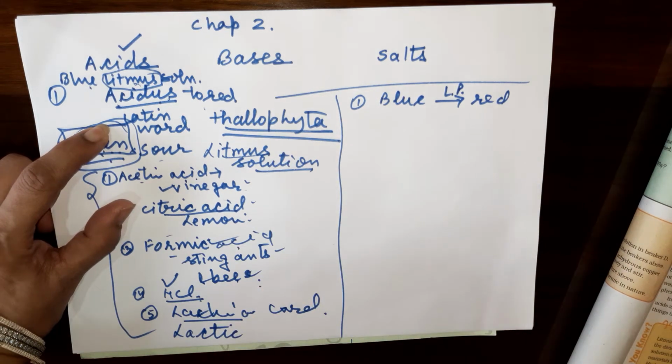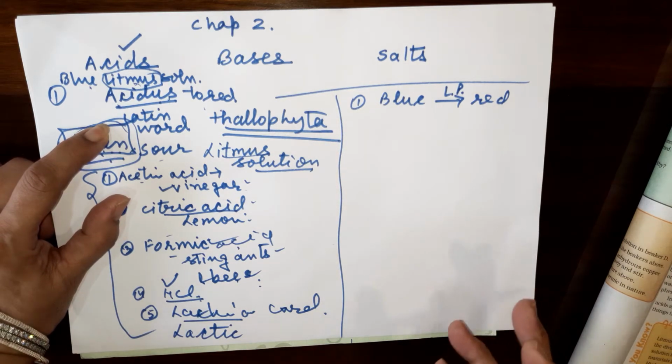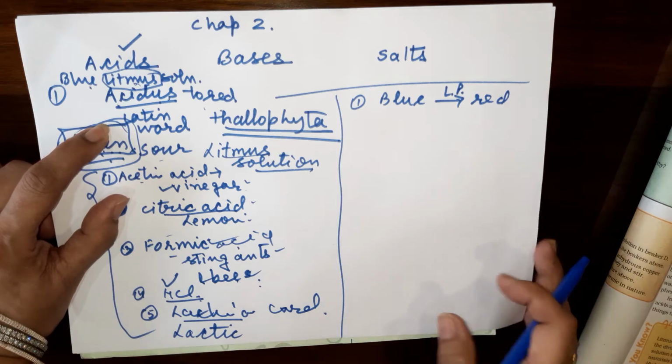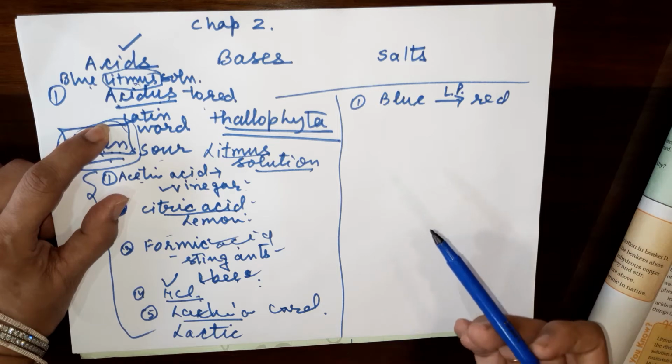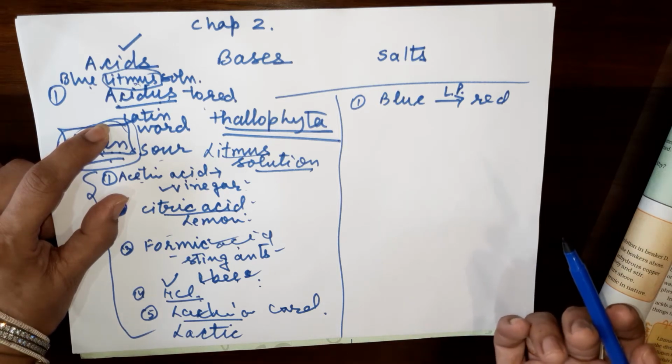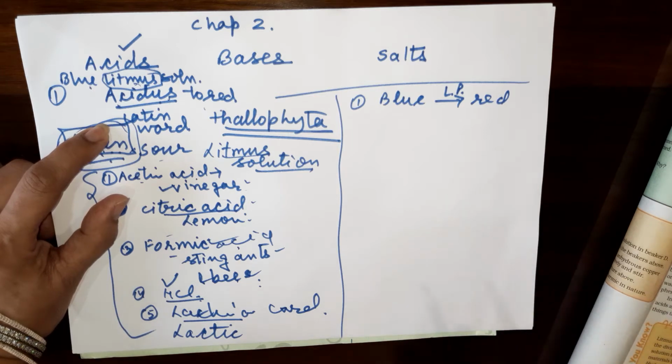Now we will do the chemical properties. They can react with carbonates and hydrogen carbonates, and carbon dioxide gas is evolved. If they react with bases, they form salt. If they react with metals, they form hydrogen gas and salt is formed. So these are the chemical properties of acids.